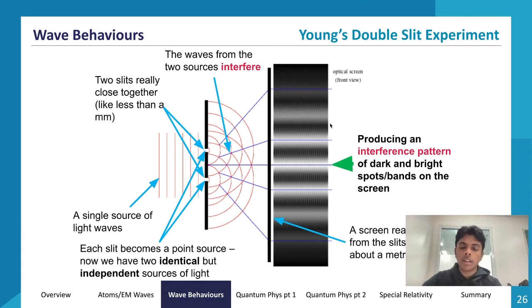The constructive interference is these white spots, or the light bands, and the dark bands are formed by destructive interference, where the light cancels each other out, or almost cancels each other out, to form the dark shadowy bits. That's what Young's double slit experiment showed, that light can undergo diffraction and interference.